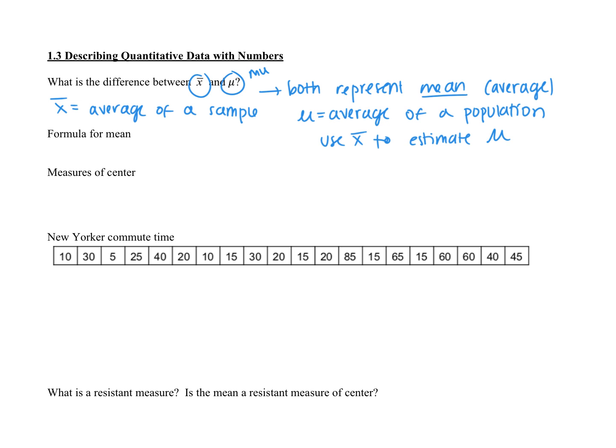I would find mu then if I asked every single Prospect High School student, how much time do you spend on homework each night? Now, we know that's not practical. So instead, what I'll often do is I'll take a sample. Maybe I would take you all as my sample. It's not a great one, but it's convenient. And I would ask you, how much time do you spend on homework every night? If I average that out, then that would be X bar. Because it's just a sample, it's not everyone in the population.